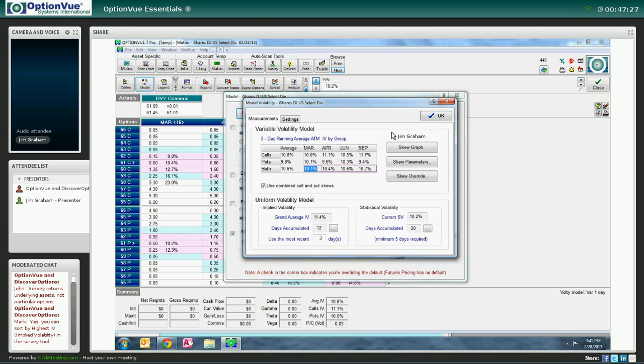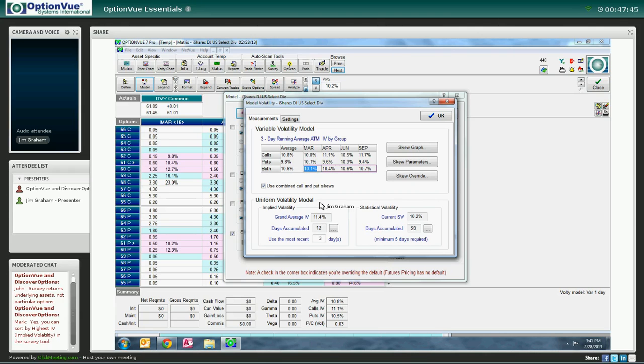So this is the variable volatility model. That is what it defaults to using in OptionVue, as long as there's at least 3 strikes with good data and readings. There's also down here the uniform volatility models.